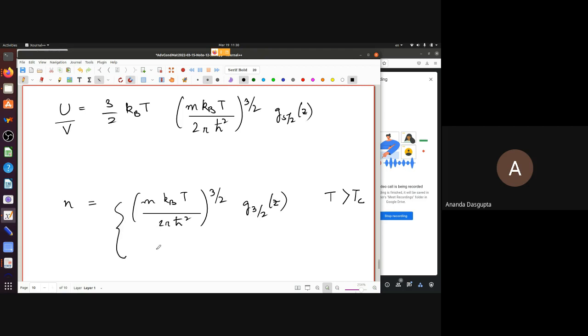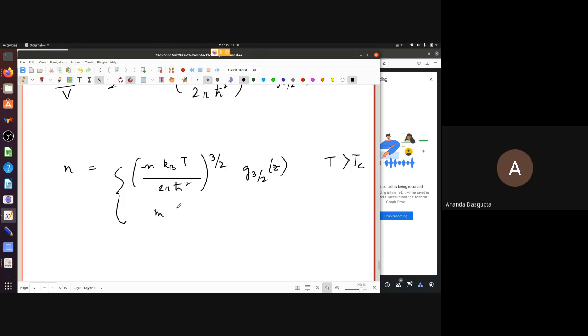When T fell below Tc, you have to replace this, either write n equal to n0 plus something like this with a 1, or you could simply say this is n equal to (kB Tc by 2 pi h cross square) to the power 3 by 2 times g3 by 2 of 1. Right? This really is not a formula for n any longer. That's a definition for Tc, but it definitely holds when T is less than Tc.